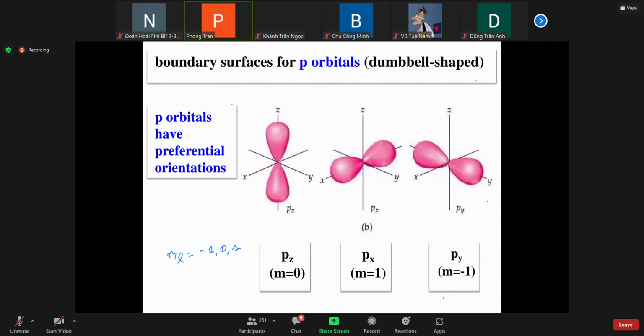So that means you have three different orientations in space. If you take the coordinates x, y, z, you can have three different orientations: pz, px, and py, like this one.